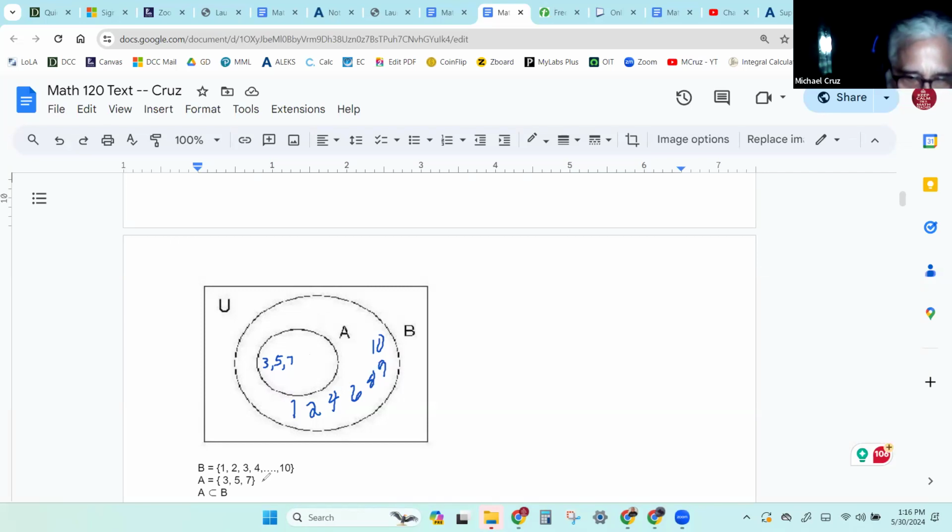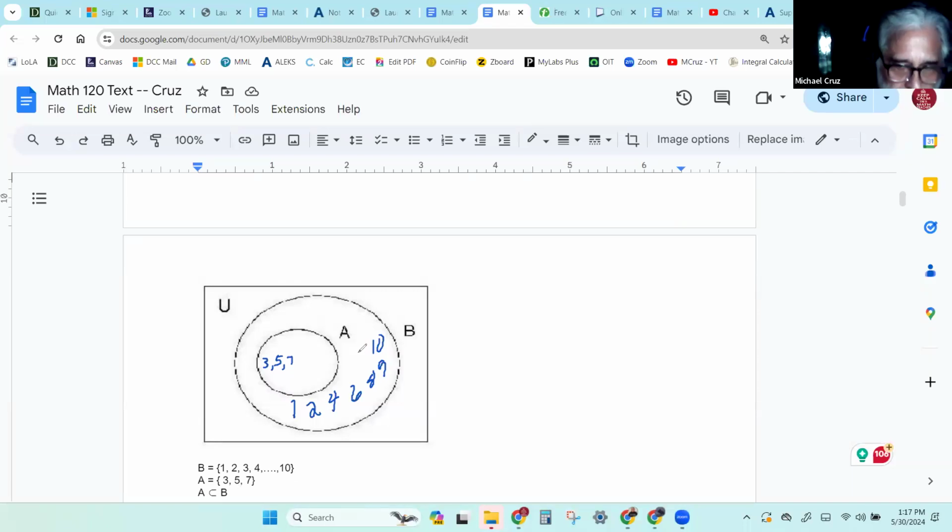So true to what we've got written here about B containing 1 through 10 and A having 3, 5, and 7, we've established a Venn diagram that faithfully depicts that relationship, that A is fully contained within B. A is a proper subset of B.